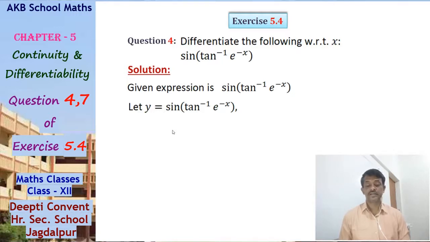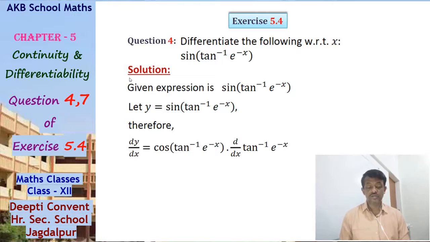Differentiating with respect to x on both sides, dy by dx equals, first of all, for the direct method, differentiate sin as a single quantity, giving cos tan inverse e to the power minus x. Then the differentiation of tan inverse of e to the power minus x, as a single quantity.